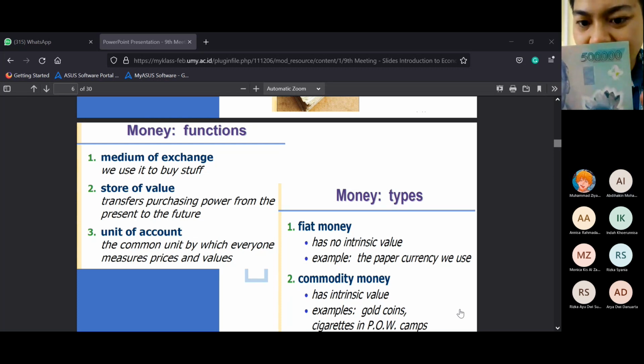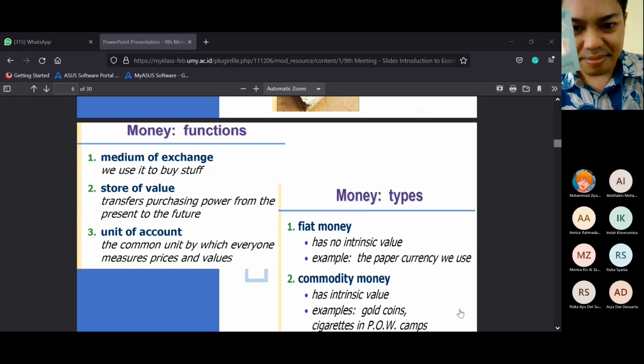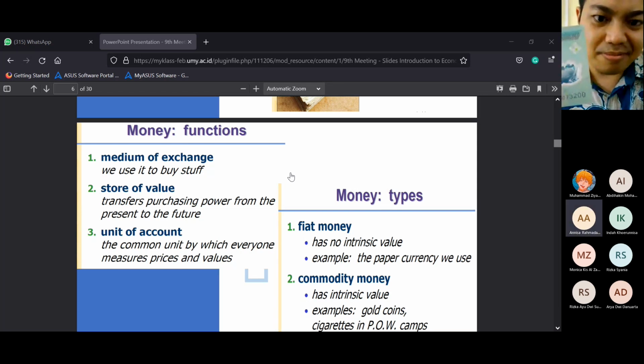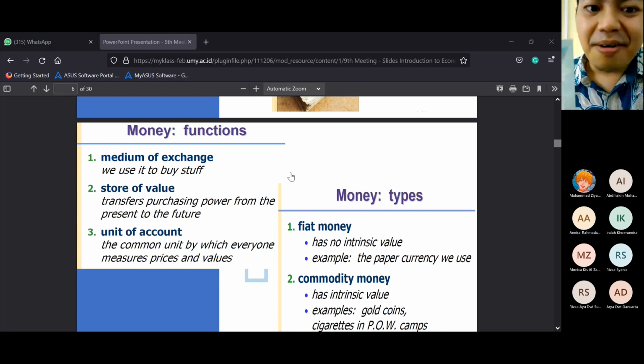So can you guess, sisters and brothers, which country has this kind of money, please? Which country? Anybody? Philippines. No. Vietnam, sir.